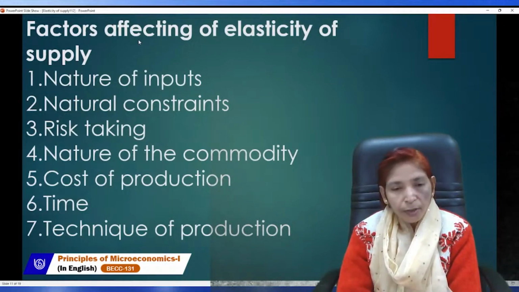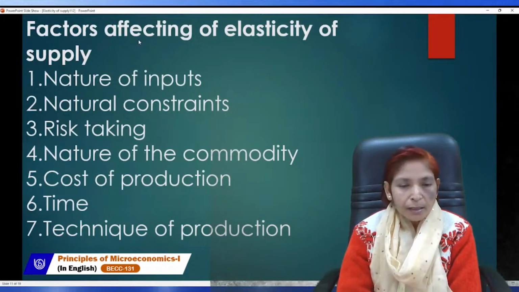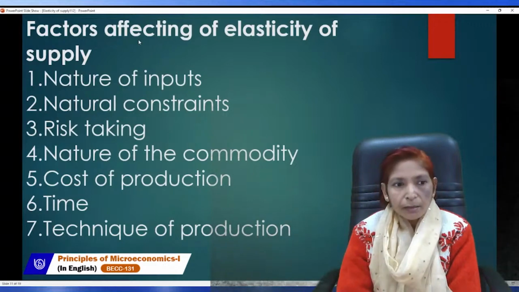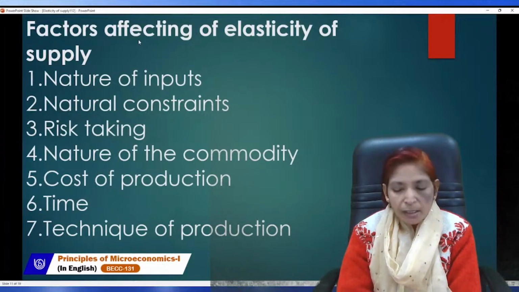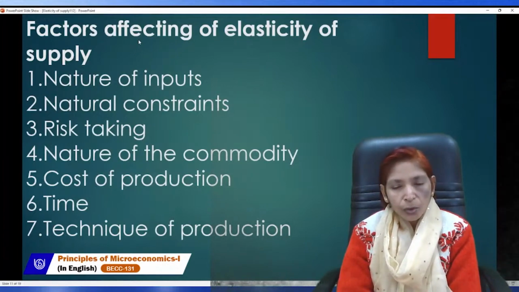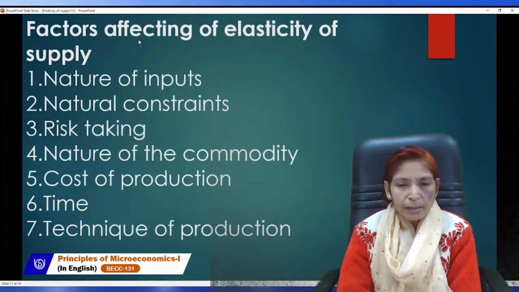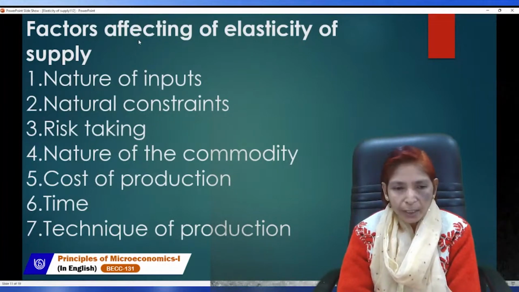And if the nature of the commodity is semi-durable, in this case, neither will elasticity of supply be perfectly elastic; elasticity of supply will be less elastic. Semi-durable goods are those goods which can be used for like 6 months or 1 year, like clothes, shoes, tube light, etc., which can be used only for a limited time period like 2 months, 3 months, 6 months, or 1 year.